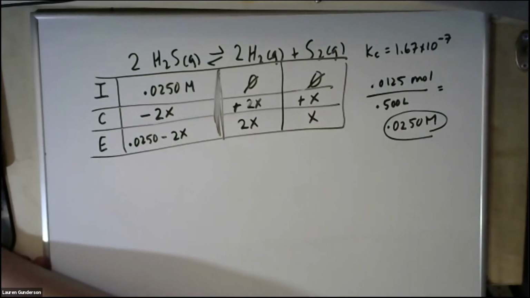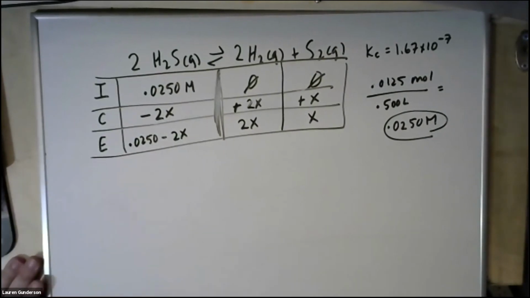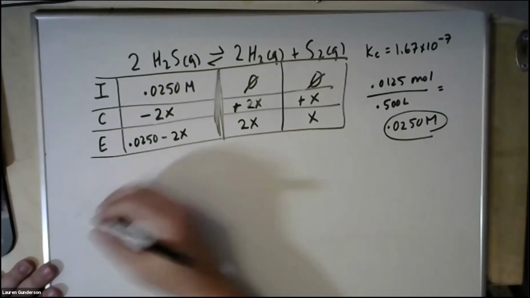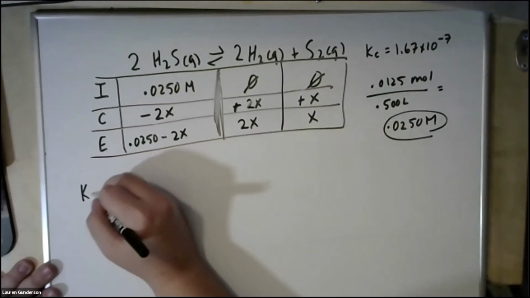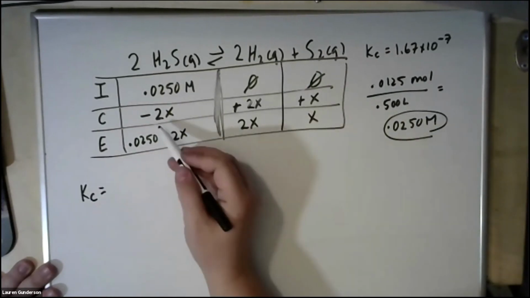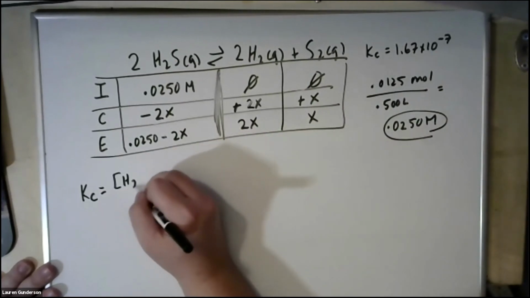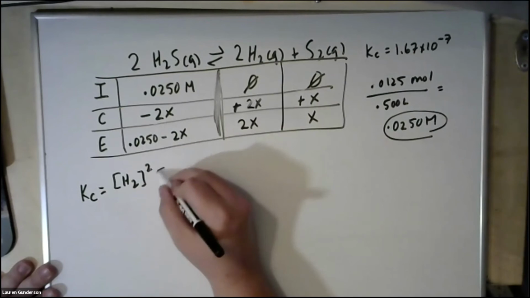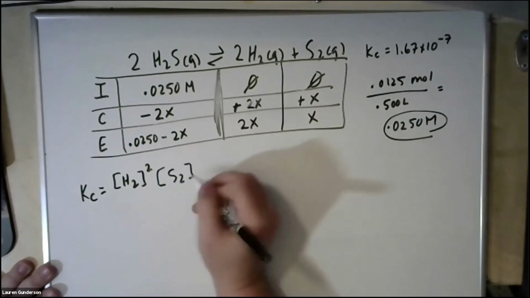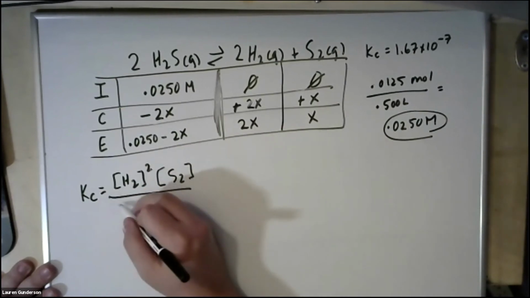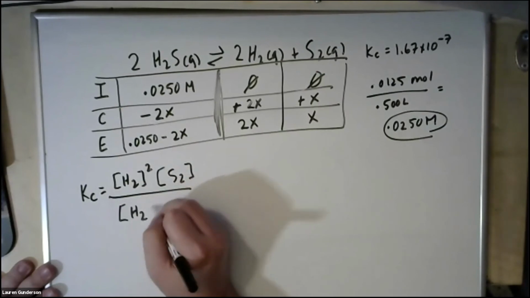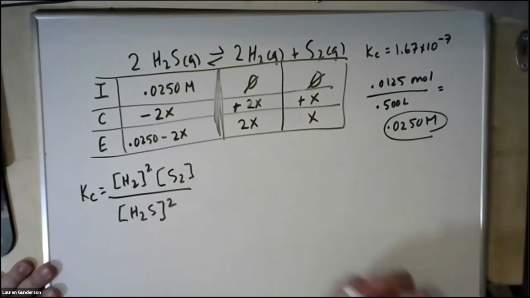All right. Now, when we set up the Kc expression here, well, let me set it up first and then I'll explain. So we're going to set up products over the reactants raised to the coefficients. So H2 squared times S2 over H2S squared.